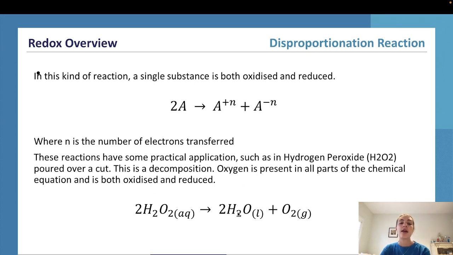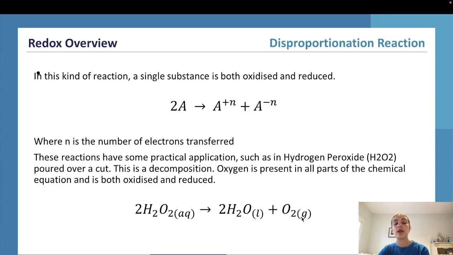So we can say that the hydrogen is acting as a spectator ion in this circumstance because it hasn't changed. It's just acting to be bonded to by the oxygen. But this oxygen atom has gone from a minus 1 charge to a minus 2 charge, and so we can say that it has gained an electron per oxygen atom.